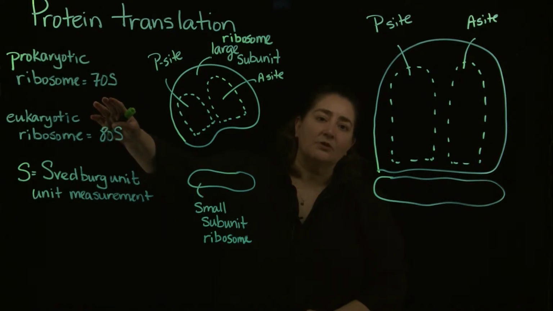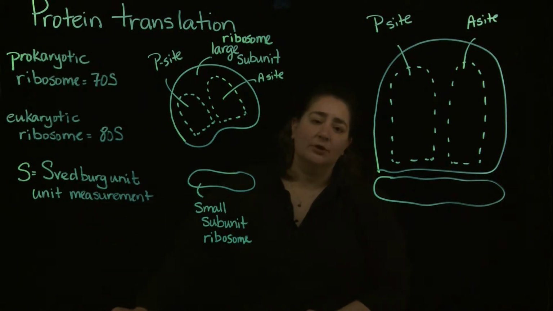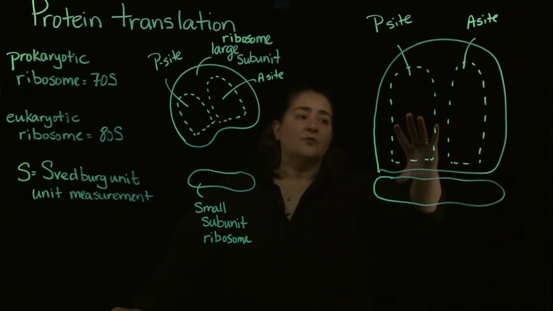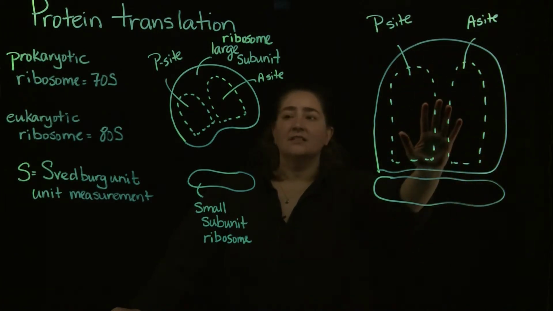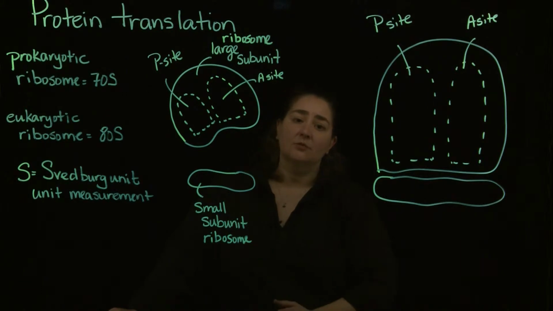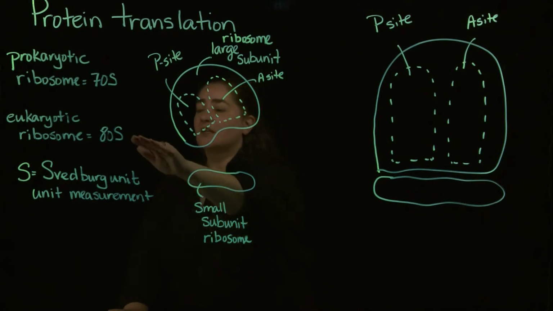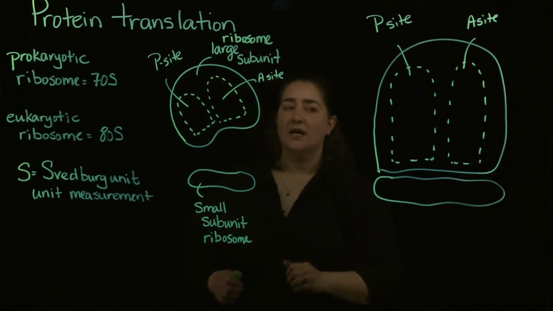Don't let that throw you. That's not an error. It has to do with the Svedberg units. If you're taking the mass of something as a whole, this is going to be smaller than the two parts because of the surface area associated with the two smaller parts. So, prokaryotic ribosome is 70S, eukaryotic ribosome is 80S.